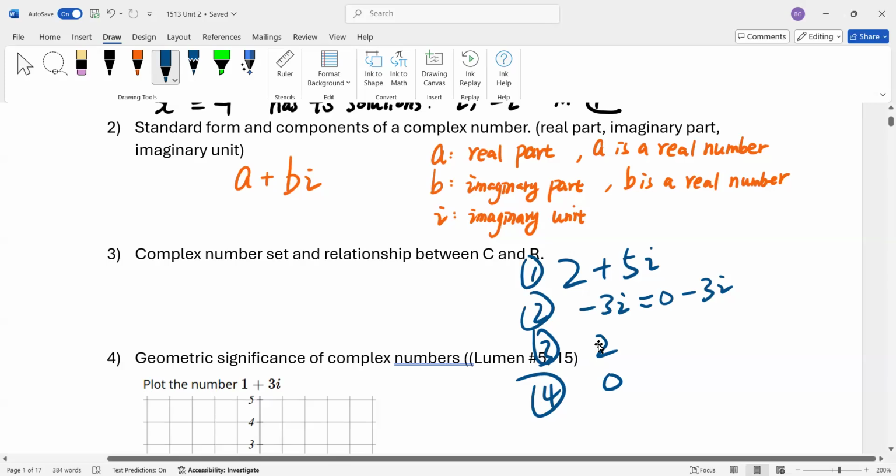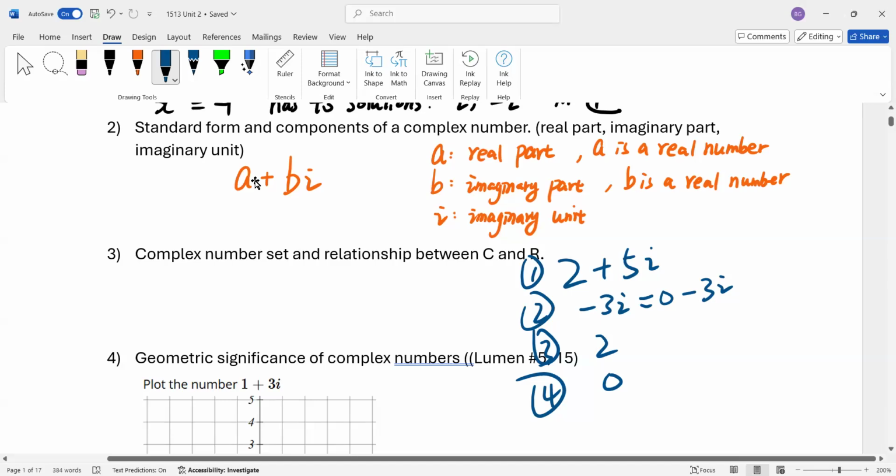Number 3, 2. We all know 2 is a whole number, a natural number, a rational, a real number. We are very familiar with this number, right? Is this number a complex number? Again, any number that can be written in this form is a complex number. Are we able to write 2 in that form?